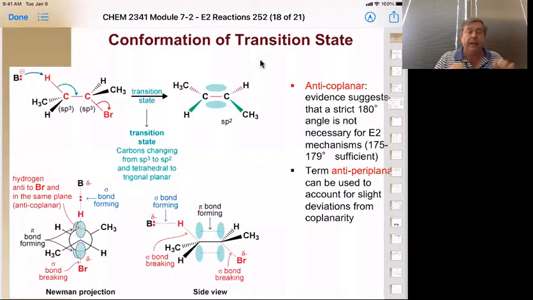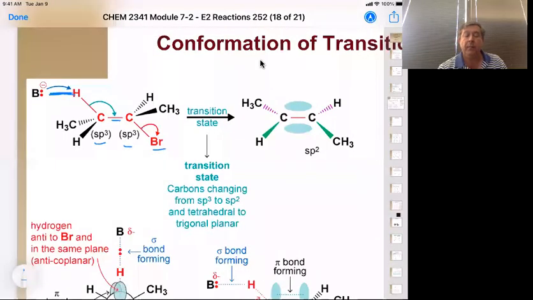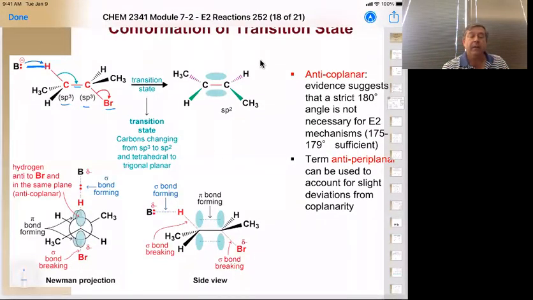Now let's take a look at that, and remember our Fischer projections when we do this. We have our two sp3 hybridized carbons, and in our transition state the base is pulling off this hydrogen here, creating a new sigma bond. This sigma bond is turning into our pi bond, and this sigma bond is leaving with our leaving group to give us our pi bond. Now let's redraw this compound as a Fischer diagram.